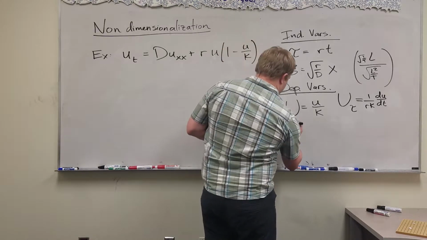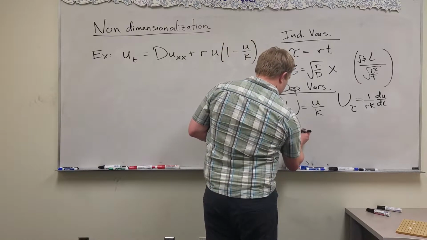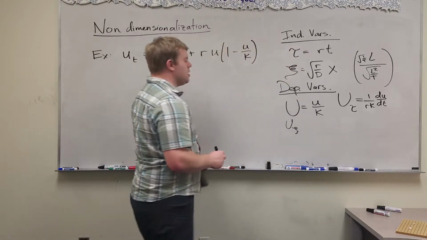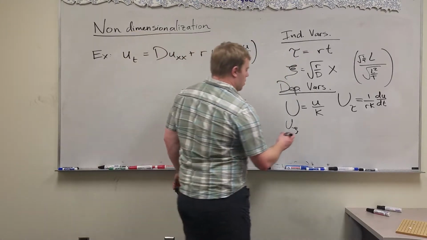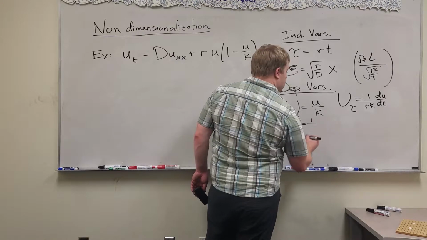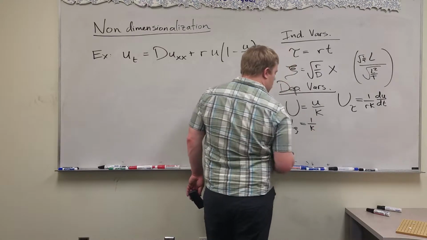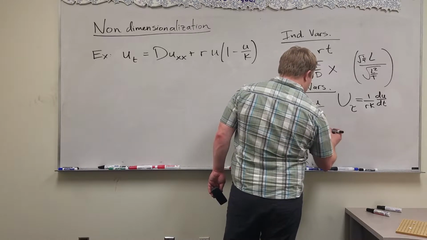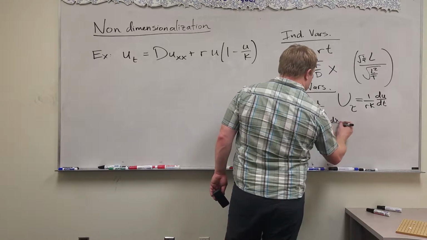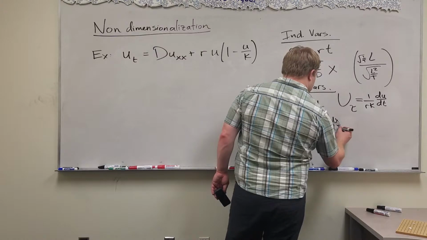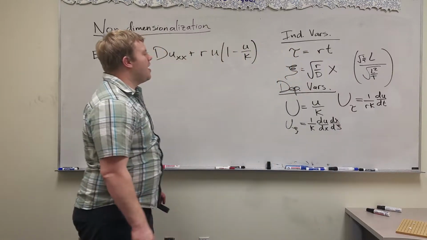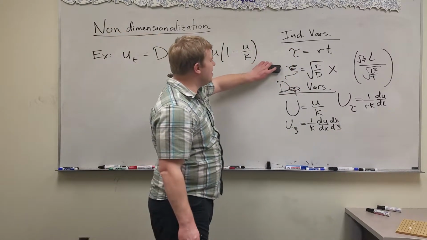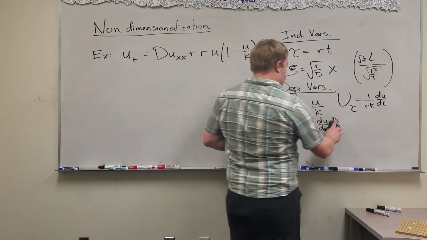Okay, now let's find the first derivative with respect to xi. Similarly, this is 1 over k times du dx times dx d xi. And dx d xi is square root of d over r.